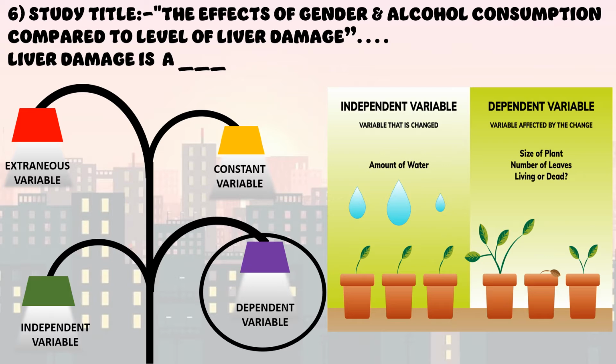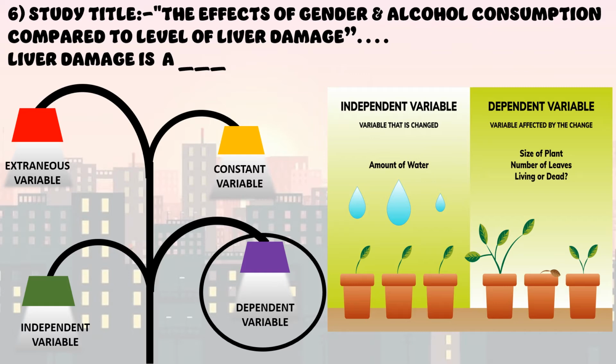So whenever, especially in experimental studies, we have two variables, that is the independent variable and the dependent variable. So the independent variables are those variables which we change intentionally to look its effect on the dependent variable.